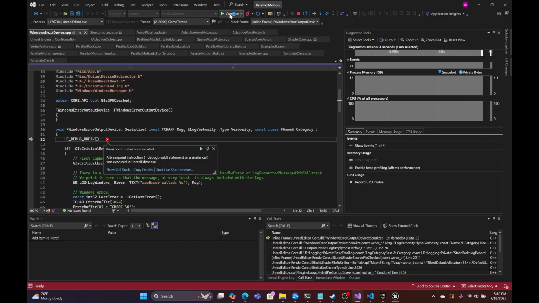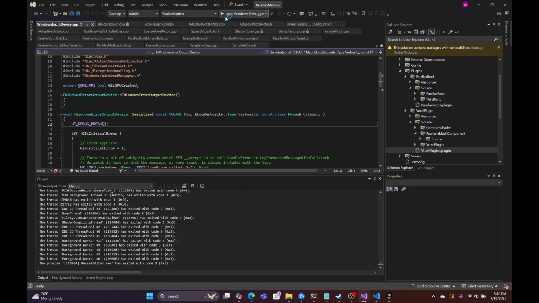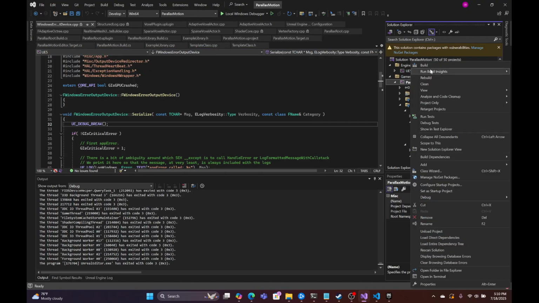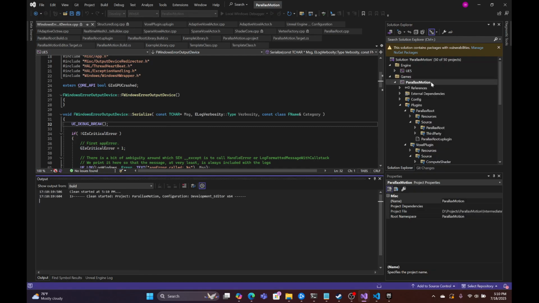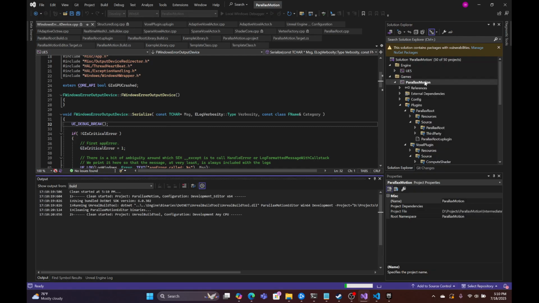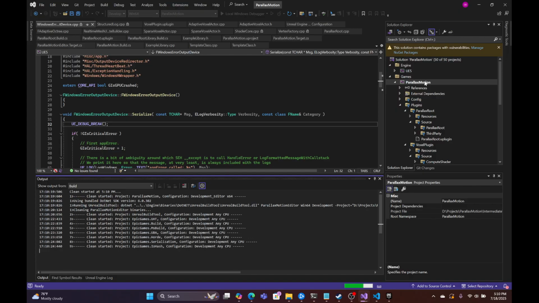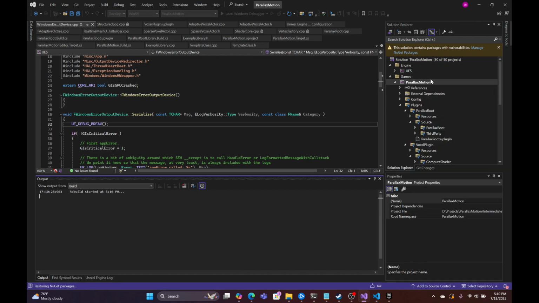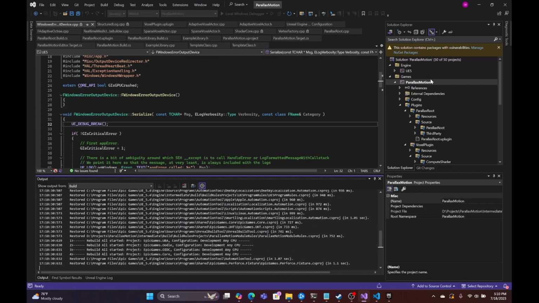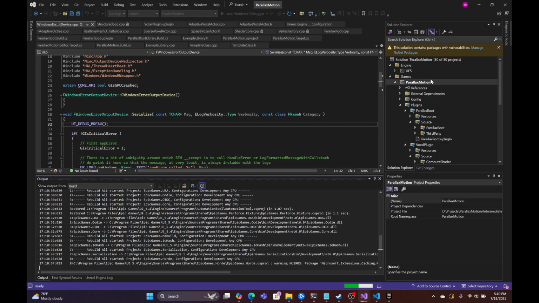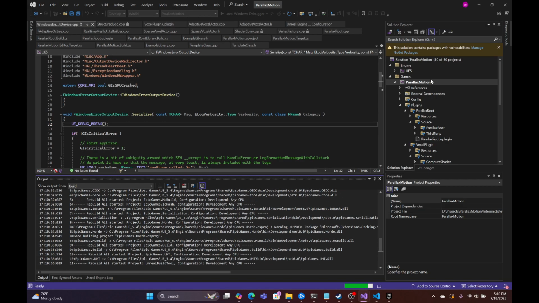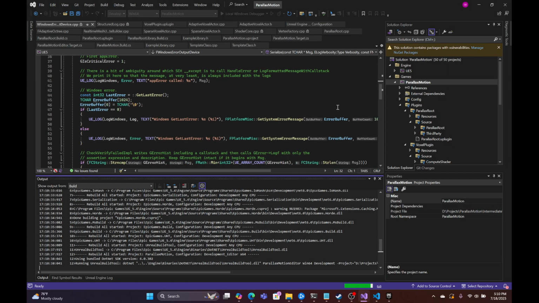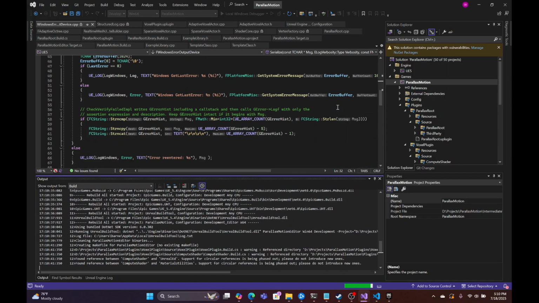Nah, it's all fucked up. And I may have more missing project settings.